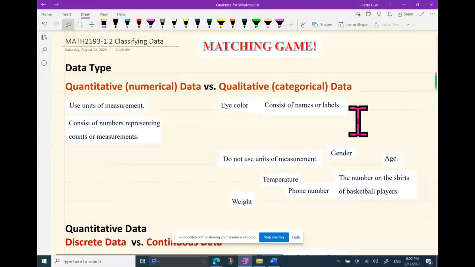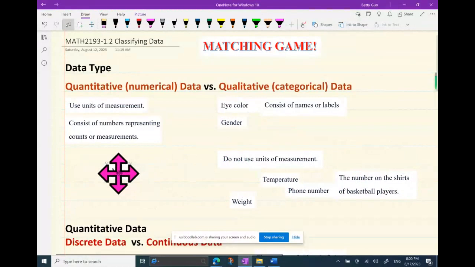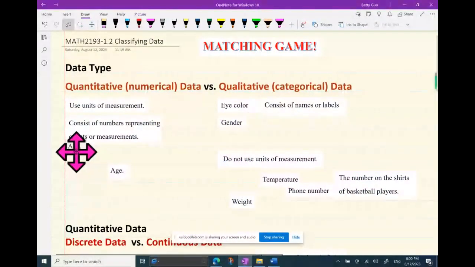That's categorical or qualitative, right? Okay, gender. That's easy, right? Categorical for sure. And this one, age. It counts how many years old, so there's a unit. So that is quantitative.